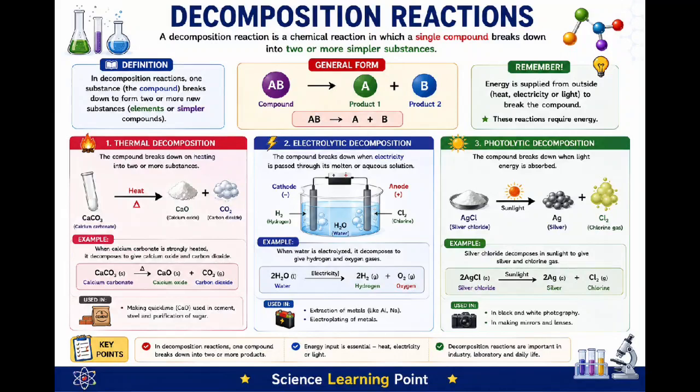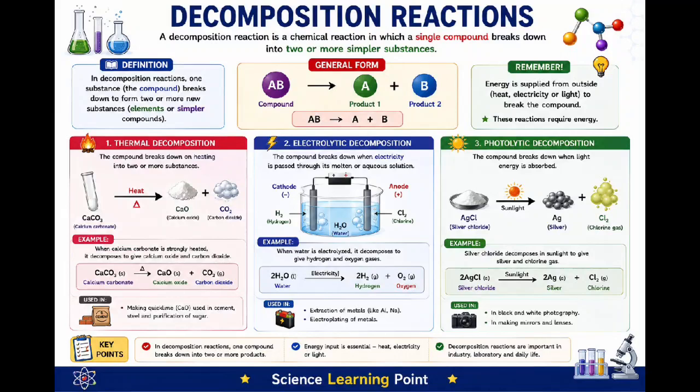Number 2, electrolytic decomposition. Here, electricity is used. For example, 2H2O to 2H2 plus O2. Electric current breaks water into hydrogen and oxygen gas. This process is called electrolysis of water.